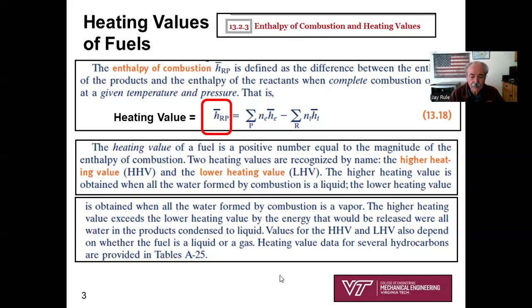And so you can see it's the same sort of familiar block of terms, the sum of N leaving, H bar leaving, minus the sum of N in, H in, the reactants. And I'm not going to read the text to you. I'm going to try to summarize the text in the next slide to give you a feel for what's the practical application of the heating value described in your textbook.